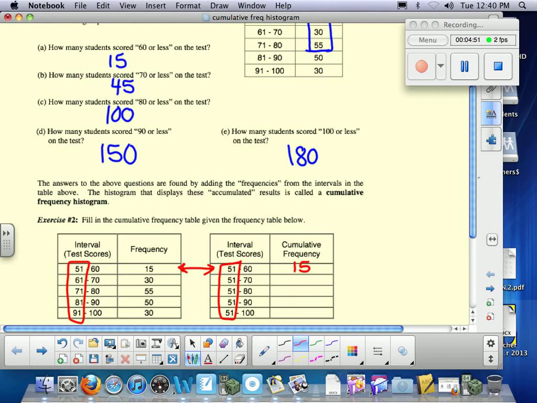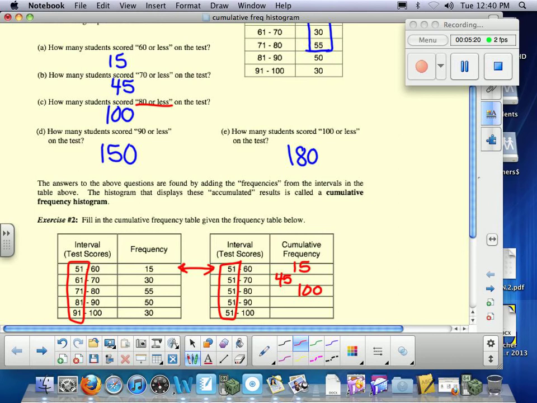When we get to the second interval, it says how many students scored a 70 or less. So now we're going to accumulate all the scores, all the way up to 70 and 75, and up above we said 45. How many students scored an 80 or less is what our next interval says, and we added that up and got 100.